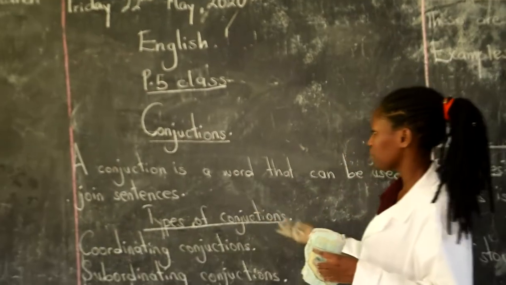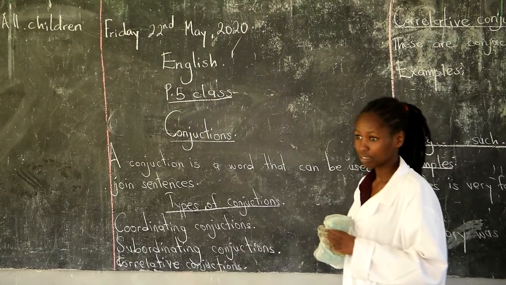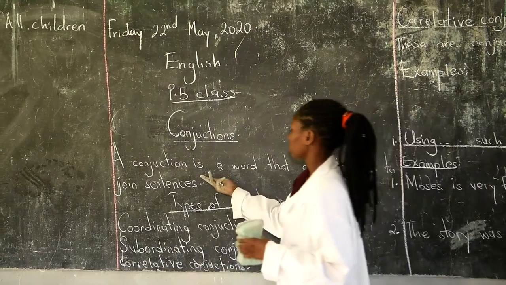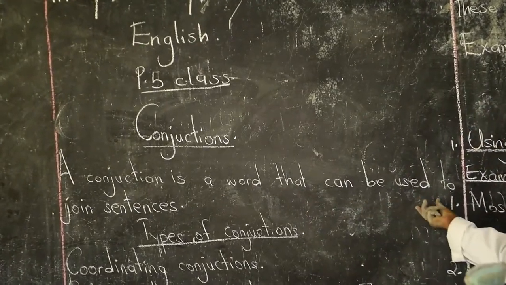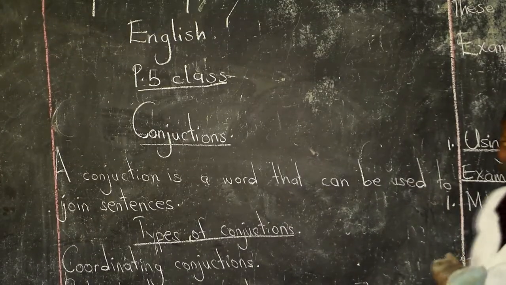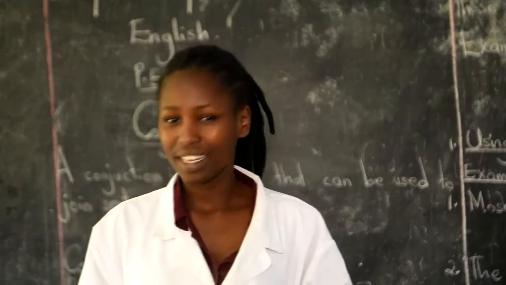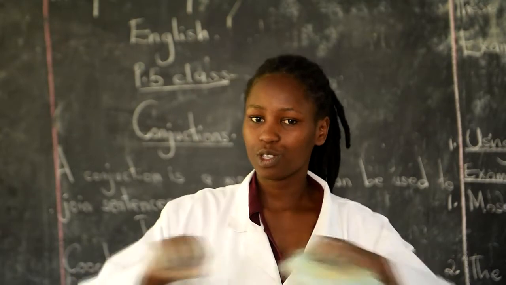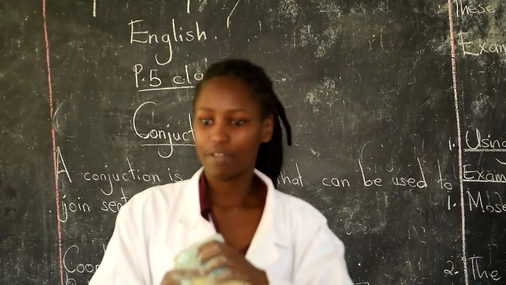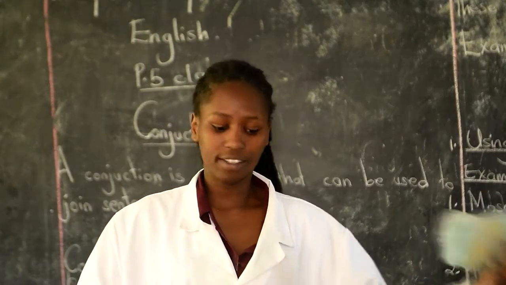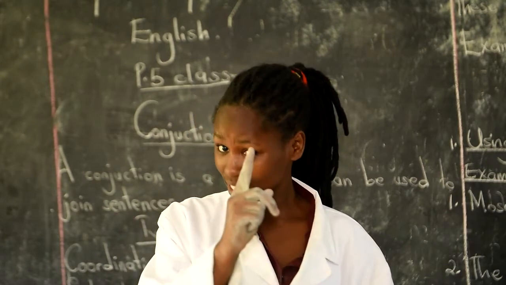Before we look at the types, let's define it. What is a conjunction? A conjunction is a word that can be used to join sentences. I have two sentences, but I want to join them such that it becomes one sentence.